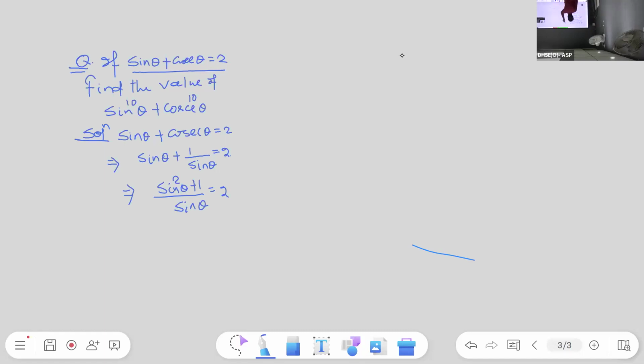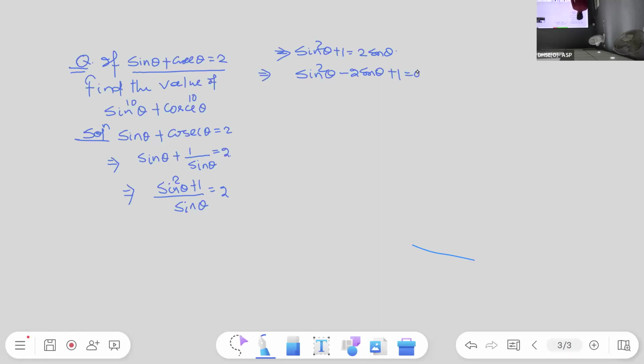This implies sin square theta plus 1 equal to 2 sin theta. Yes, Jatin, you are correct. Sin square theta minus 2 sin theta plus 1 is equal to 0.